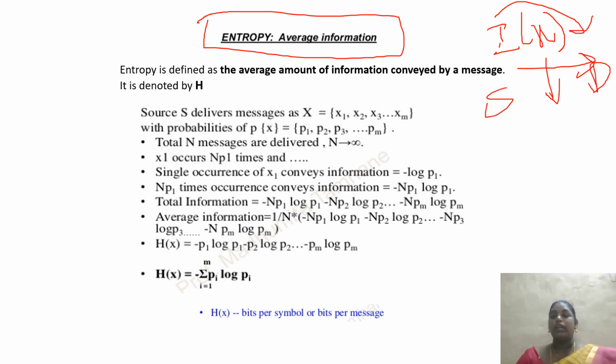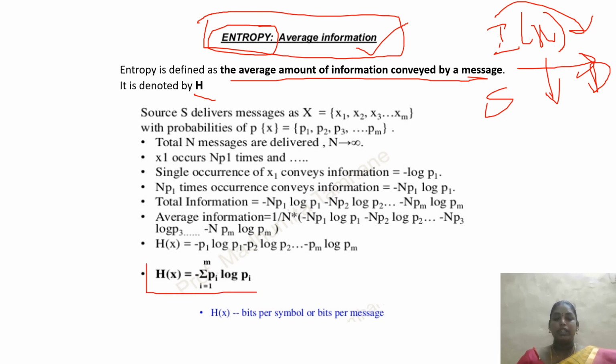That is calculated with the term entropy. It is simply average information, denoted with capital H. It is the average information conveyed by a message. If the message consists of 10 symbols, the average information conveyed by all 10 symbols is called entropy.